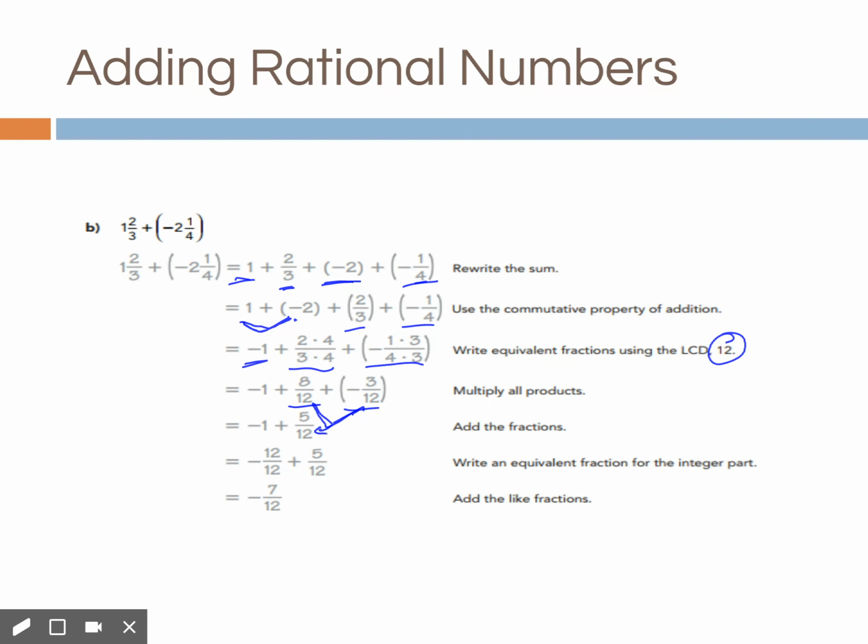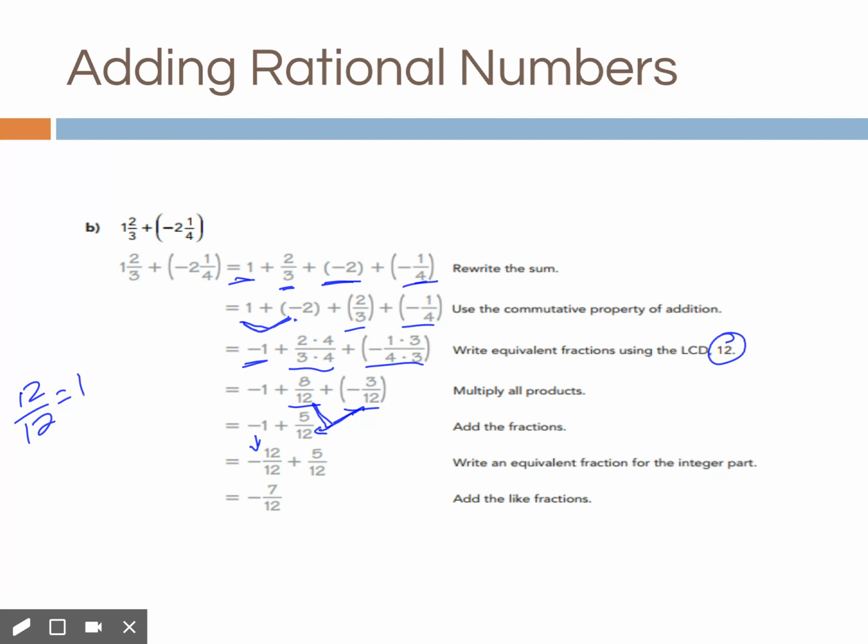And now we need to combine negative 1 plus 5/12. We can't just put negative 1 and 5/12 because they're not both negative. So negative 1, they changed it to a fraction as negative 12 over 12, because 12 divided by 12 equals 1.